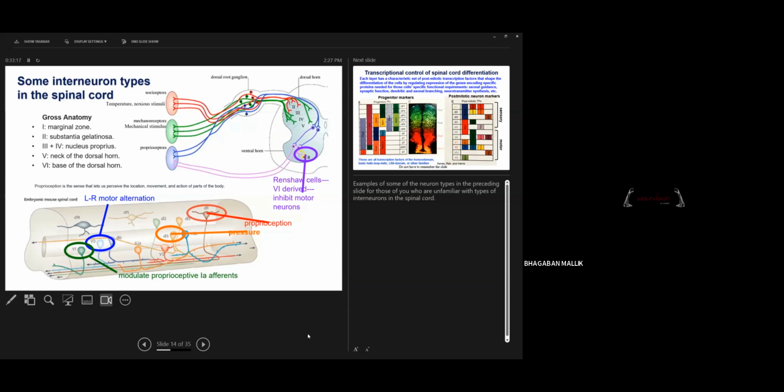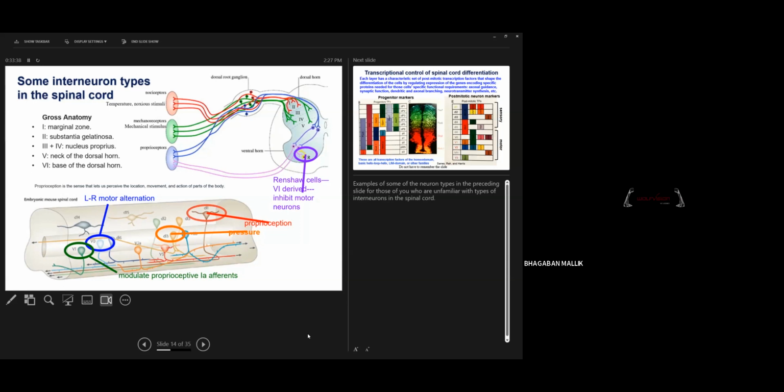This neuron receives signals from the nociceptor, which senses temperature and noxious stimuli, and then you have this mechanoreceptor. That neuron takes signals from the mechanoreceptor because of mechanical stimulus, going through the dorsal root ganglia.